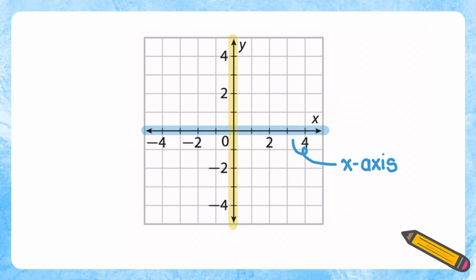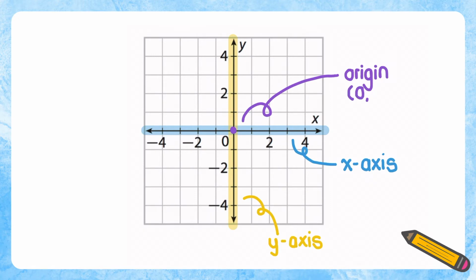And then this axis is called the y-axis. And this coordinate point at 0, 0 is called the origin. So we have the x-axis, y-axis, and origin.